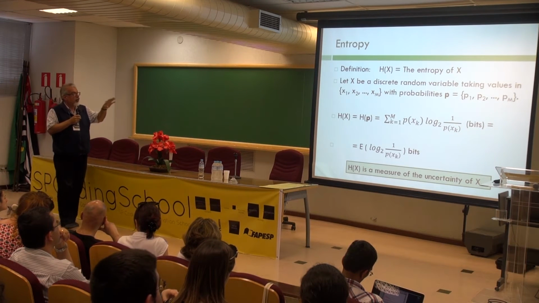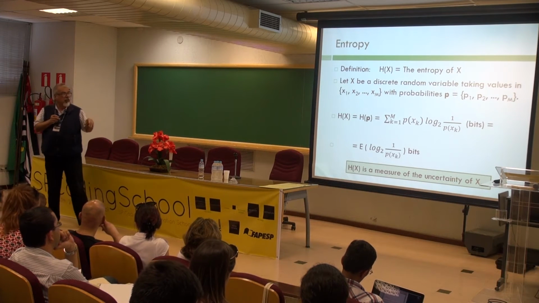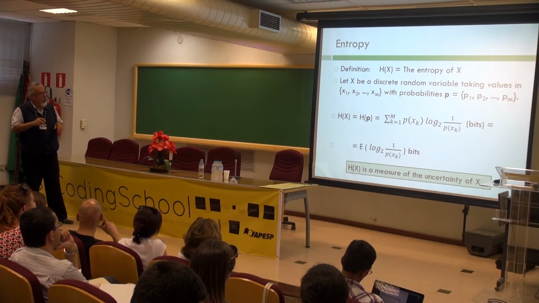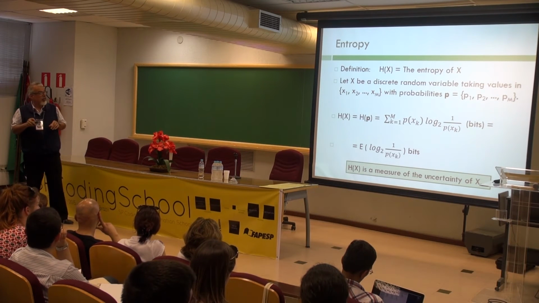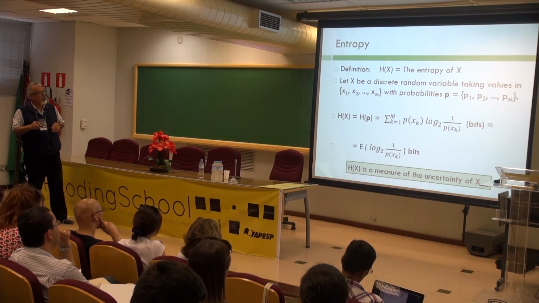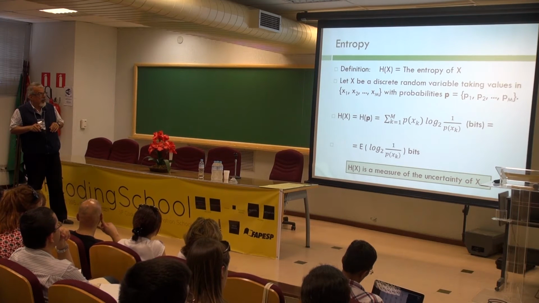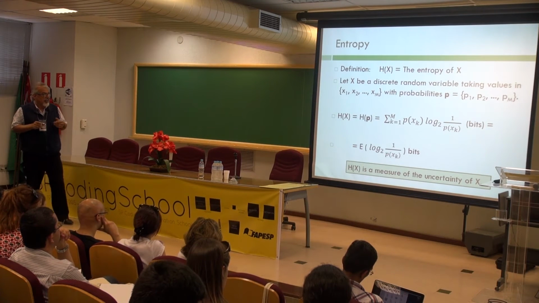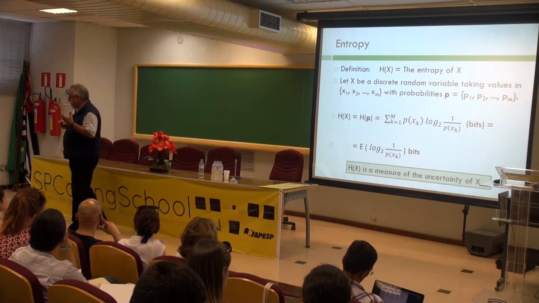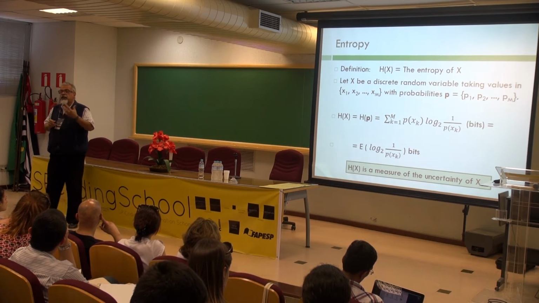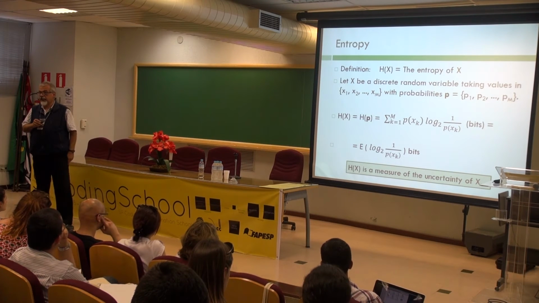So we're looking now at a random variable X that is a discrete, for now, discrete random variable, and that has values on a particular set, x1 through xm. Very simple. And has probabilities p1 through pm. So he realized that log of the inverse of the probability, in a way, is a measurement of how much information is conveyed by the revelation that that random variable was equal to xi.